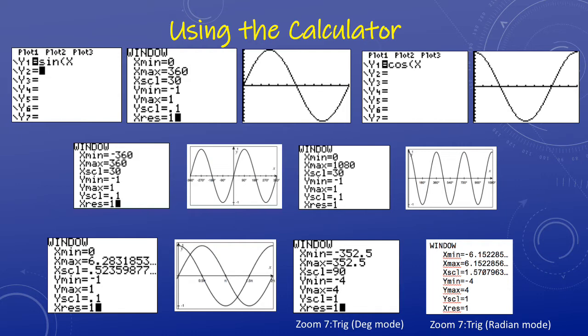When you are in radian mode and you do a zoom trig, the x min and x max are set to numbers close to -2 pi and 2 pi, -6.15 and 6.15, with a scale of pi over 2 or 1.57. Y min and y max are both -4 and 4.